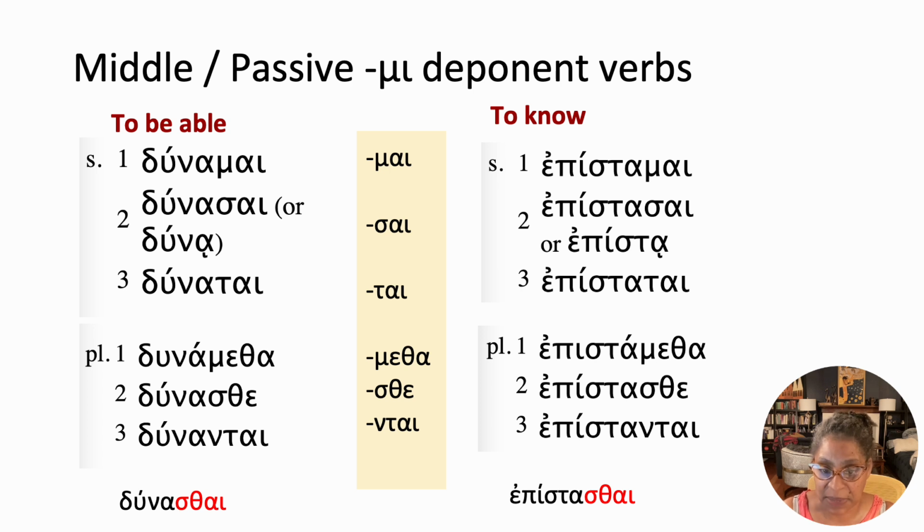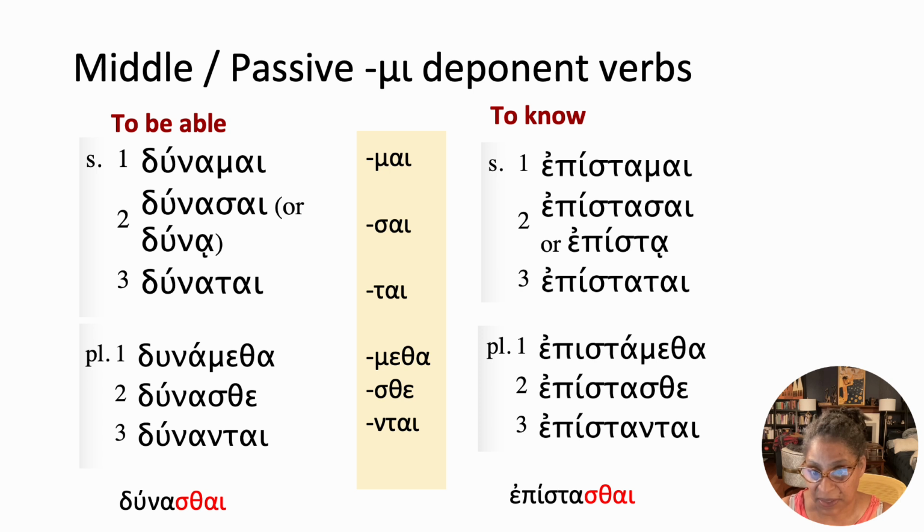Now epistamai means I know or know how to do something, I understand. And again, you get rid of the mai, and you get epista: epistamai, epistasai or epista. Again, same reason. The sigma falls out.